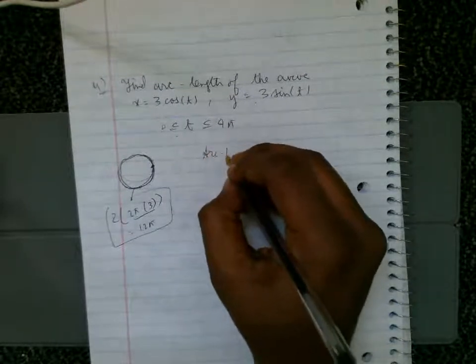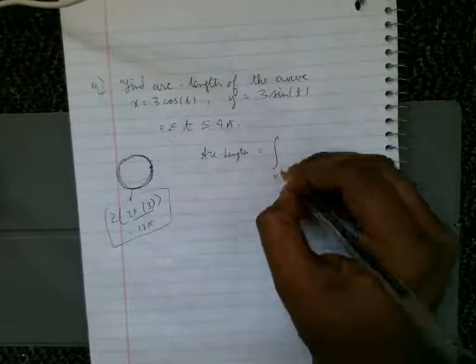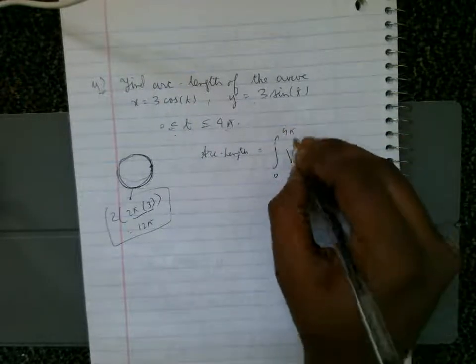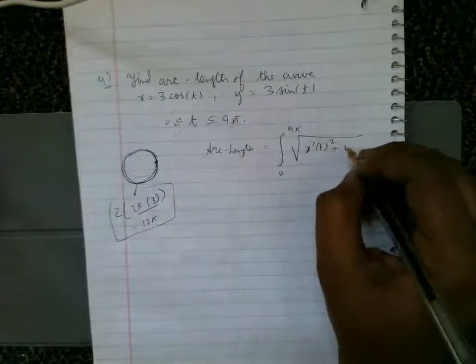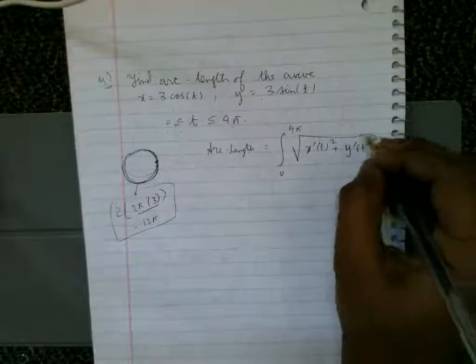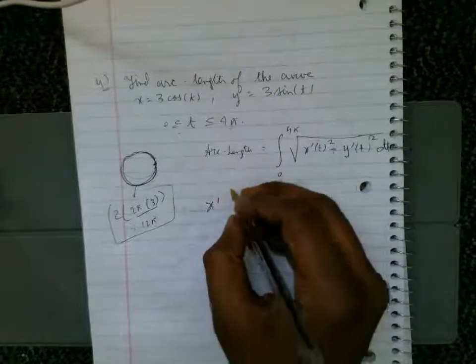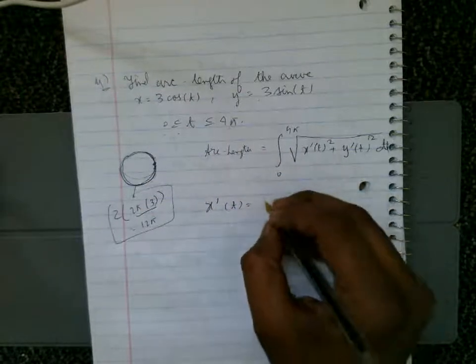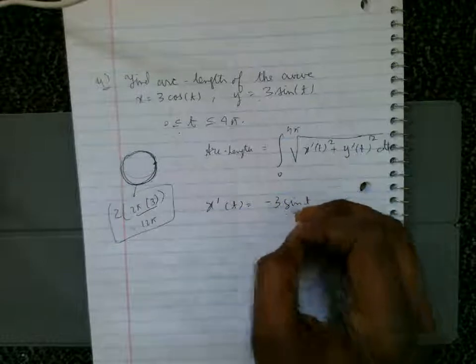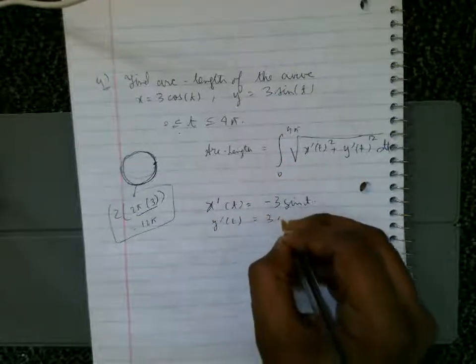And arc length is equal to integration from a to b square root of x prime squared plus y prime squared dt. So as you can see, if x is 3 cos t, then x prime of t is minus 3 sin t, and y prime of t is 3 cos t.